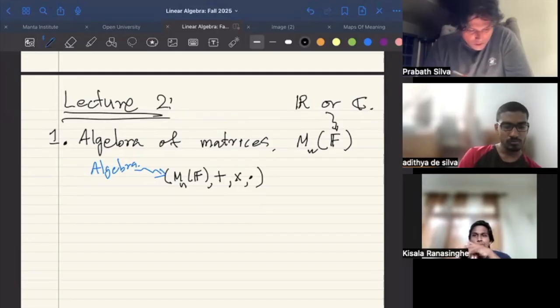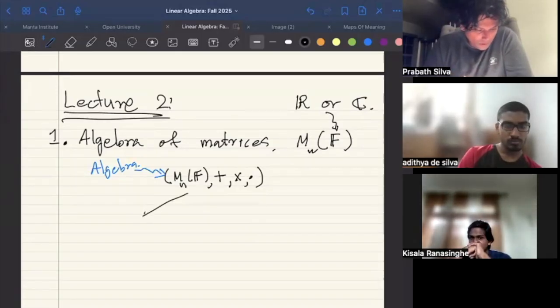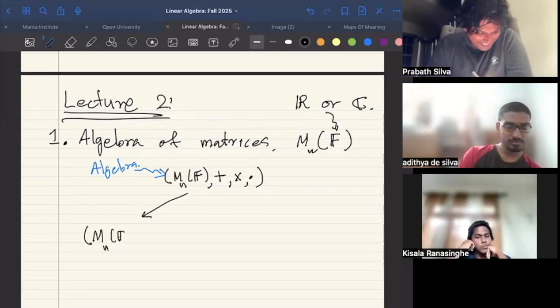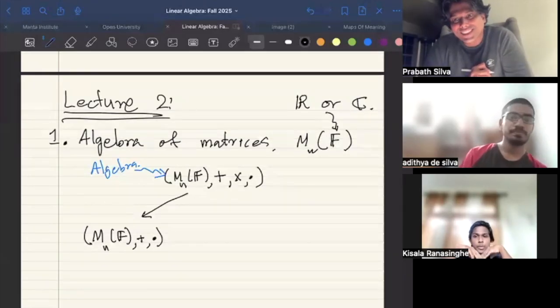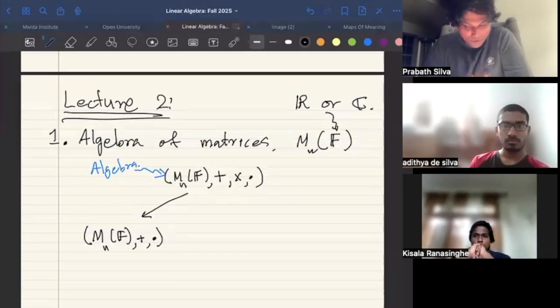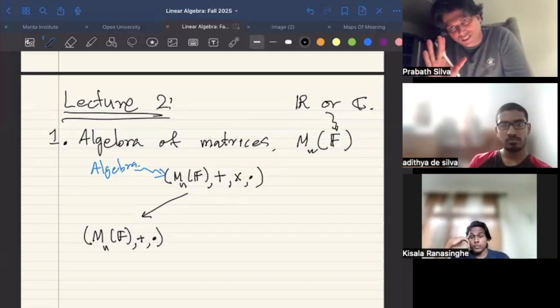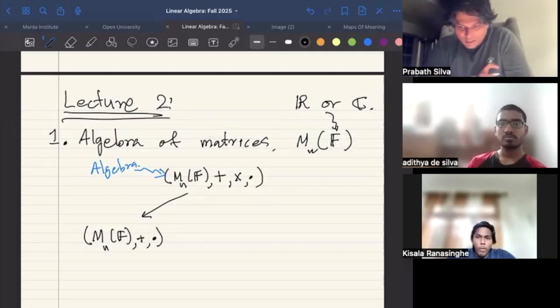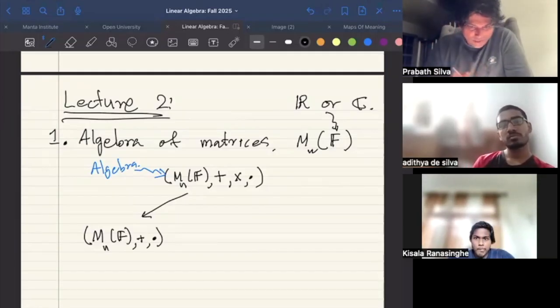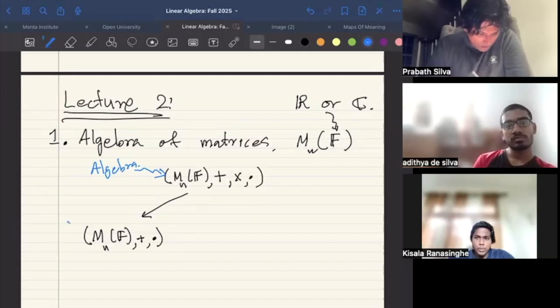For example, you can ask, what if you consider just the matrices under addition and scalar multiplication? We are not talking about multiplying matrices. If you have this, the structure is going to be a vector space.